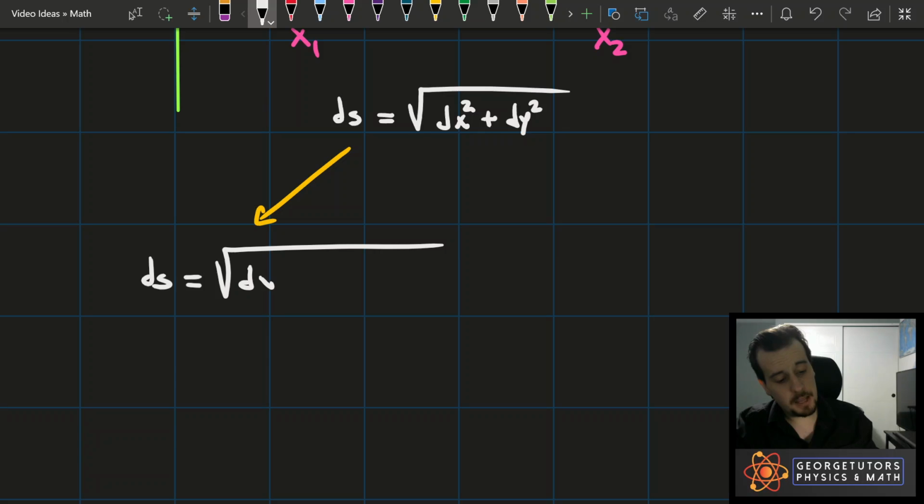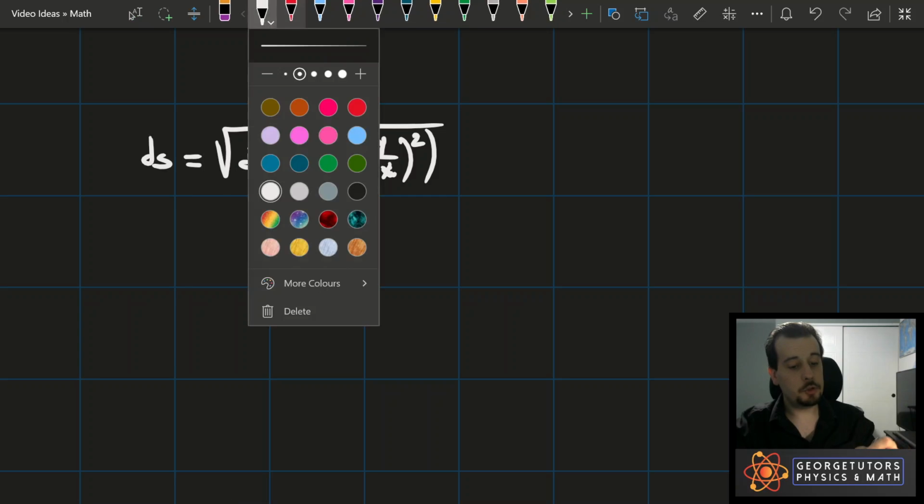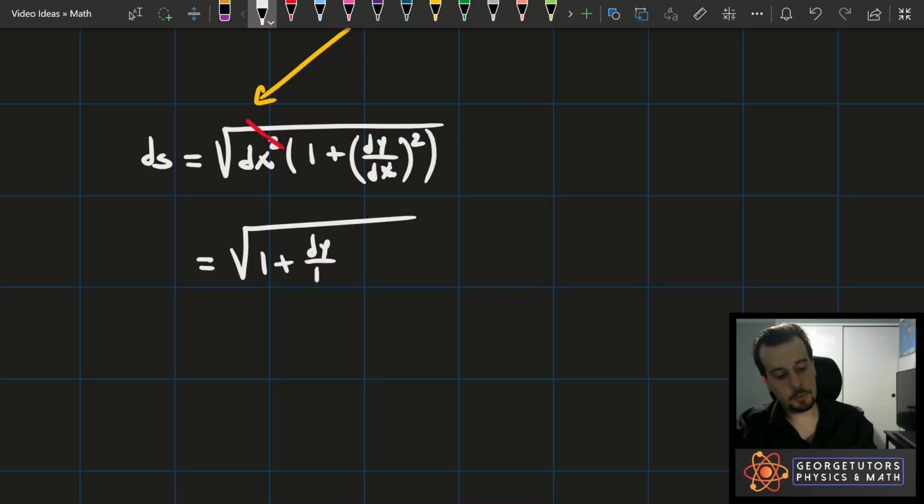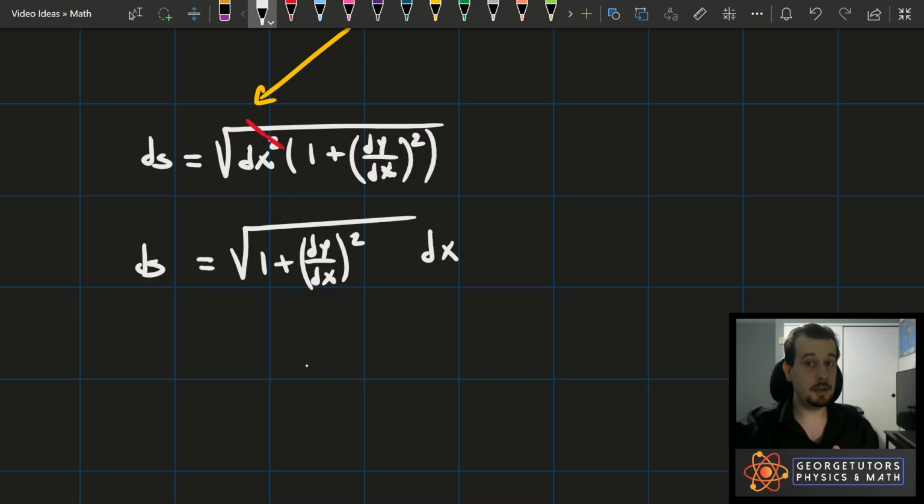That means we need to factor here a dx squared, which will leave us inside a 1 plus dy over dx all squared. Okay. And then we can apply the square root on the little element here, leaving us with the square root of 1 plus the derivative of y with respect to x squared, and a dx sitting at the very front, and that is basically the length of our ds.